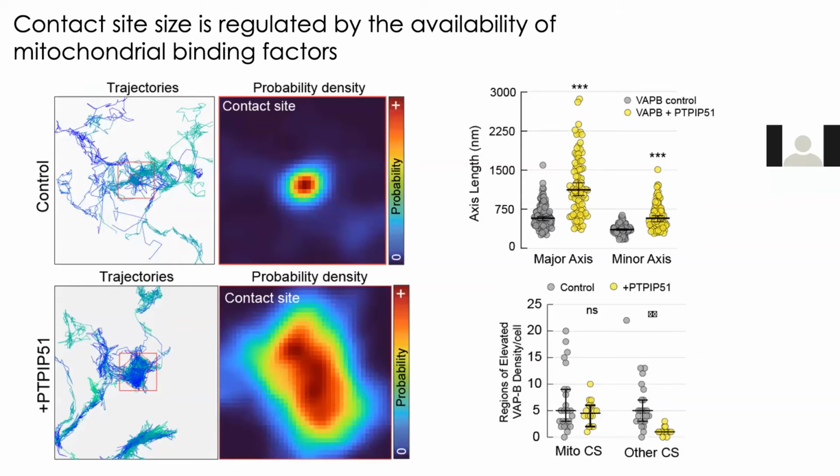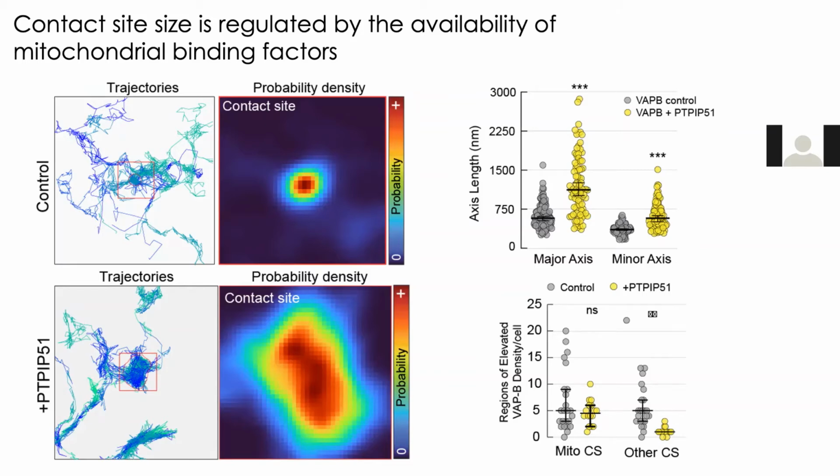If you quantify that, you can see that that happens just with a simple ellipse fit. It happens both along the major and minor axis. However, one thing that's notable is although the contact sites are much larger and expanded in this system, there's not more of them. So you don't generate new contact sites by overexpressing the mitochondrial binding factor. The contact sites are already there. They just spread outwards to fill the space.